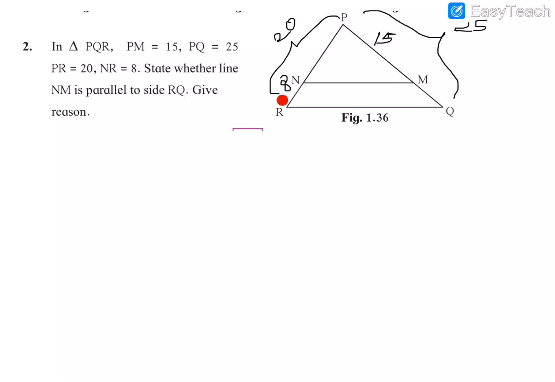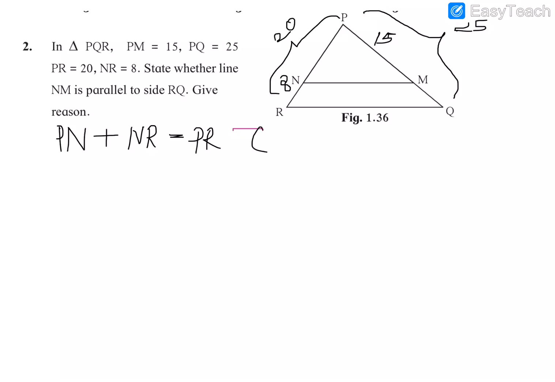So for finding PN, they have given the length of the side PR and NR. Since they are collinear points, collinear means they are lying in a single line, we can find the value of PN by subtracting NR from PR. So we can write PN plus NR is equal to PR.